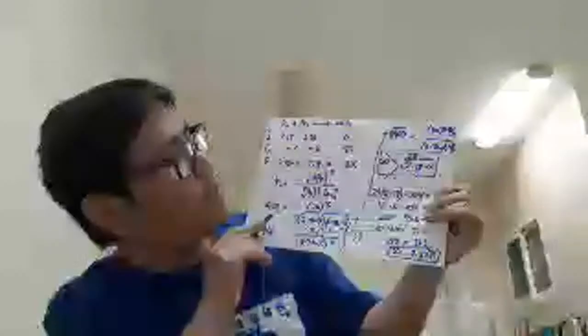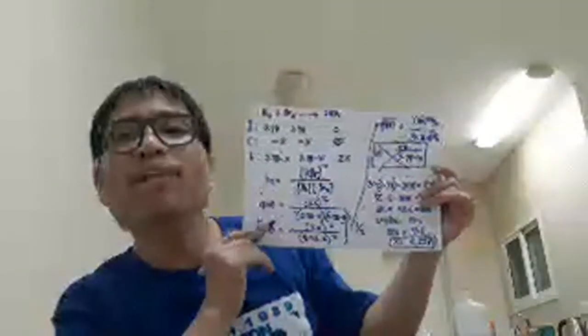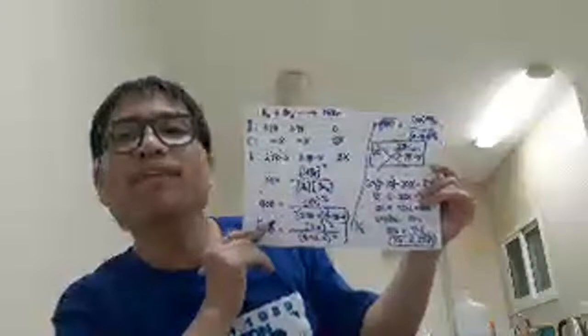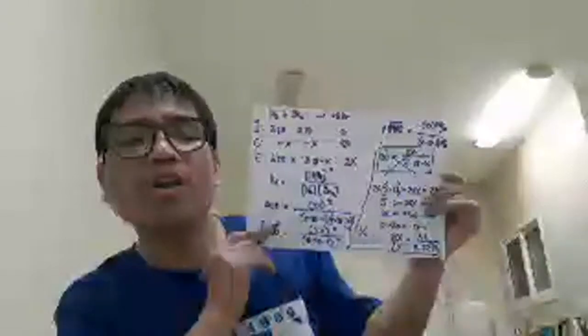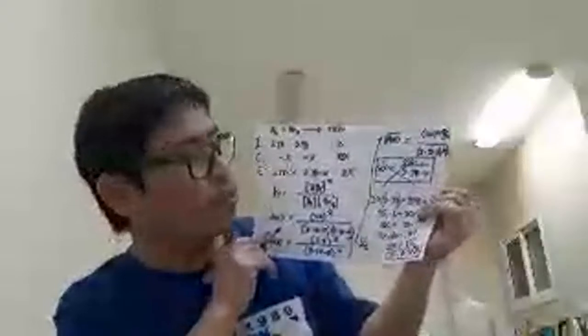So recall the ICE method, the equilibrium concentration. Go to the HBr. The HBr is 2x, right? We are not asked about H2 and I2. Our problem asked for the equilibrium concentration of hydrobromic acid. So go to the equilibrium, which is 2x, then substitute 2.527 and bingo, you can get the answer here.